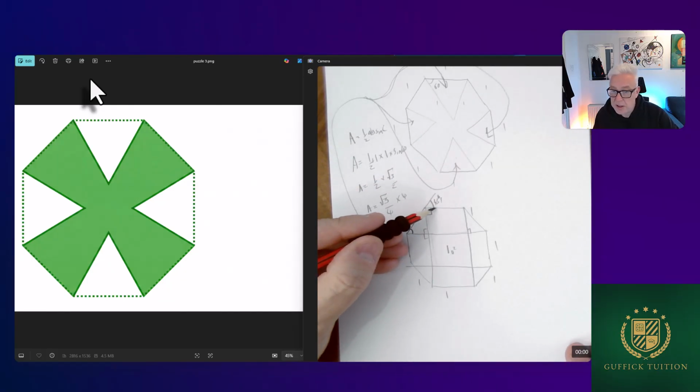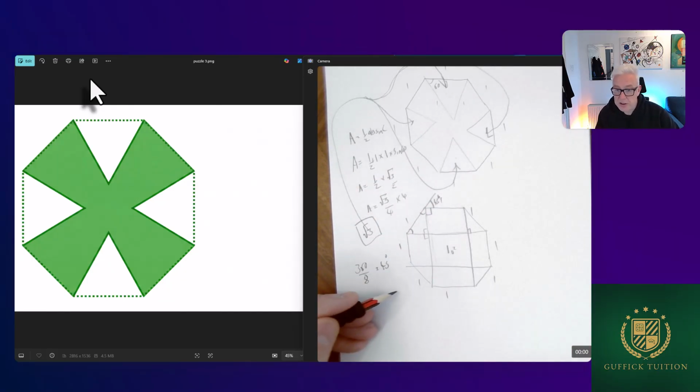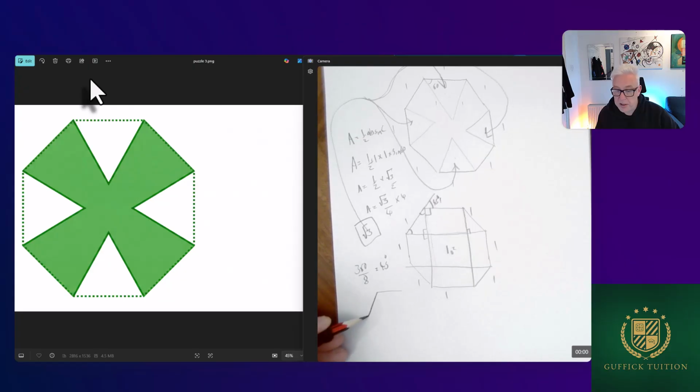The interior angle of the regular octagon is therefore 135, because it's 180 take away 45, and we know that this is a 90 degree angle here. So the angle that we're after is 135 take away 90, which is 45 degrees.